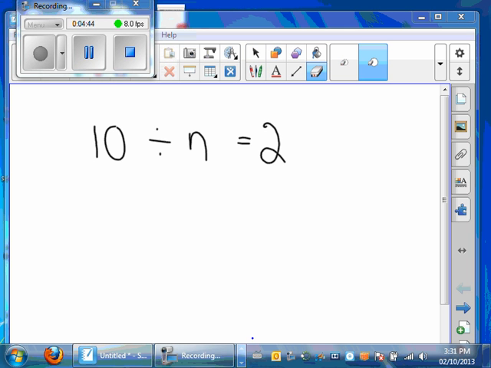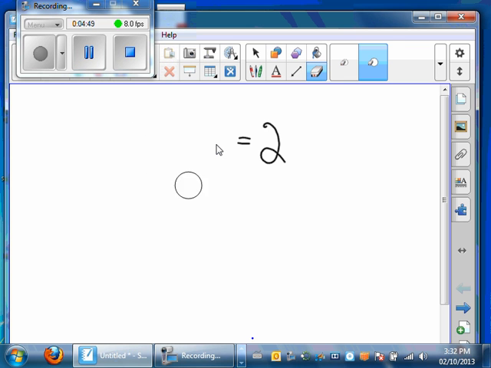If we remember for fractions, that line in between the numerator and denominator means divide. So rather than 10 divided by a number in the traditional way, we write it as 10 over n equals 2. So we could say that 10 divided by a number that we don't know yet is going to equal 2. And that's the way we write it.